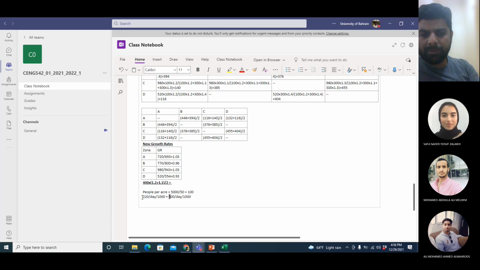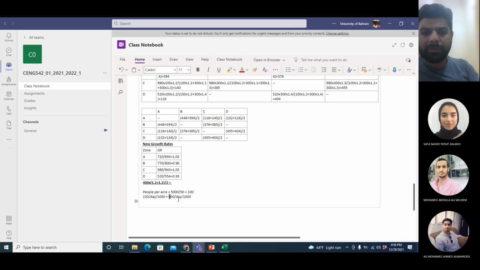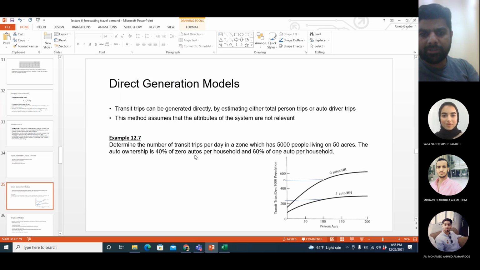And how many 1,000 people have 1 car? I will multiply with this number. In the question they said 40% have 0 car ownership.